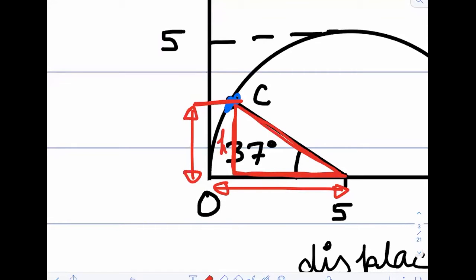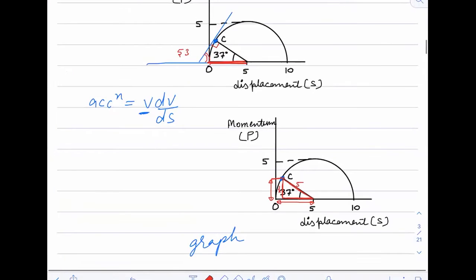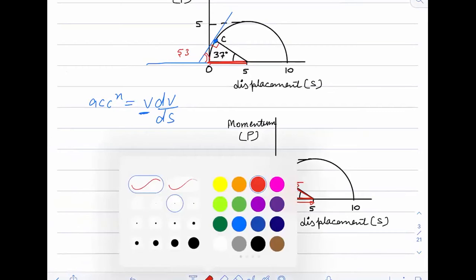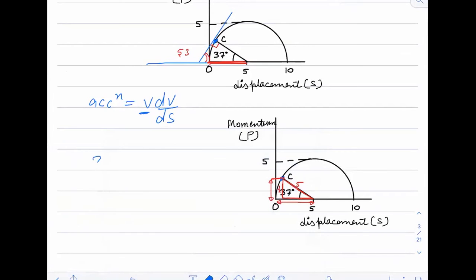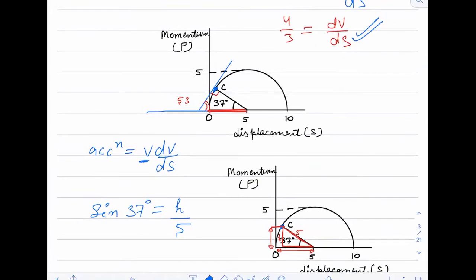Because this is a radius, and this is also 5. So what will be sine 37 degree? Will it be h by 5?